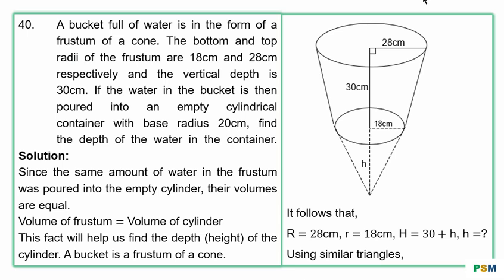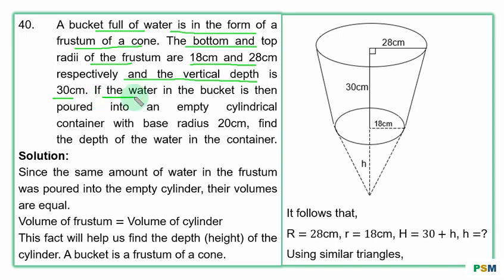Example 40. A bucket full of water is in the form of a frustrum of a cone. The bottom and top radii of the frustrum are 18 cm and 28 cm respectively, and the vertical depth is 30 cm.